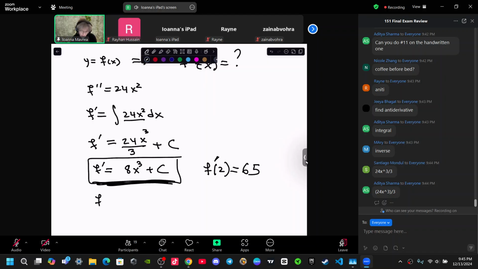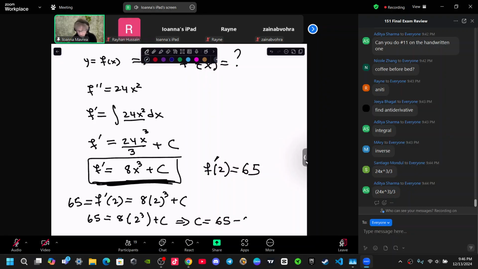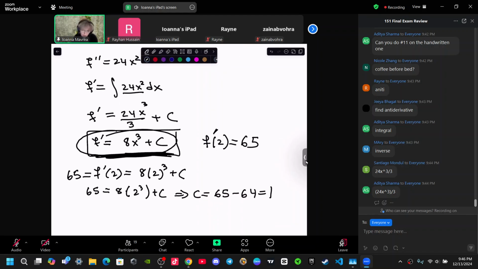How do I find the derivative at 2? I plug in 2 inside here. So 8 times 2 to the third plus c. So 65 is equal to 8 times 2 to the third plus c. That tells me what c is. Therefore, c is 65 minus 8 times 8. So c is 1.